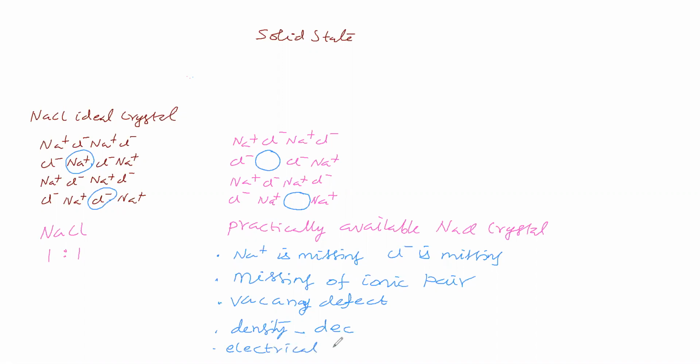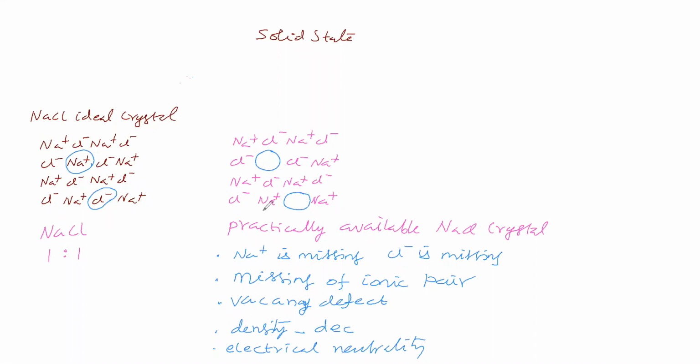Electrical neutrality. Whether it is electrically neutral or not, that point we'll see. Now here we will count: for this Na plus, here Cl minus. For this Cl minus, here Na plus is missing.